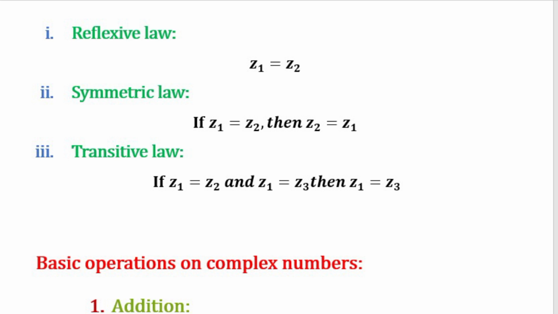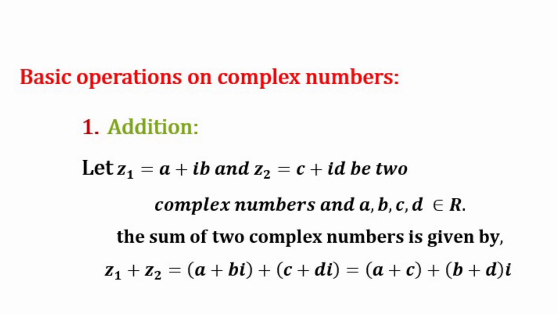Now basic operations on complex numbers. First operation is addition. How will we add two complex numbers? Let us suppose we have two complex numbers z1 and z2. z1 equal a plus iota b and z2 equal c plus iota d, where all a, b, c and d are real numbers.